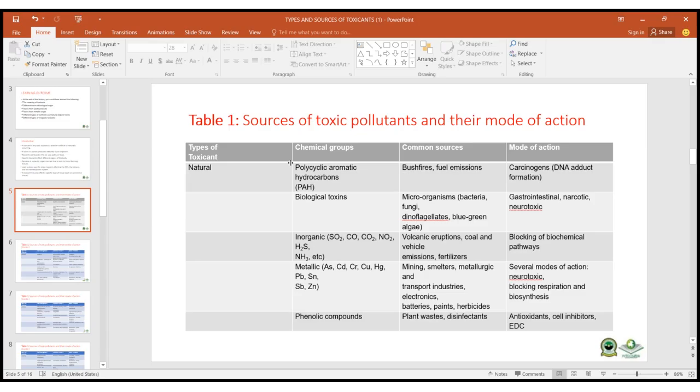Okay, and then the next group is inorganic toxins.